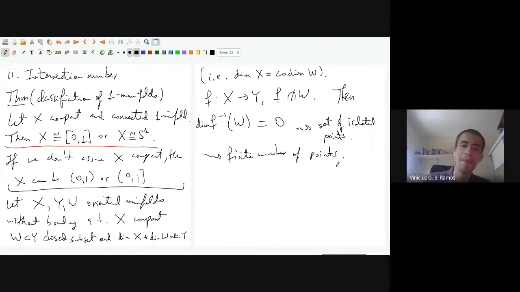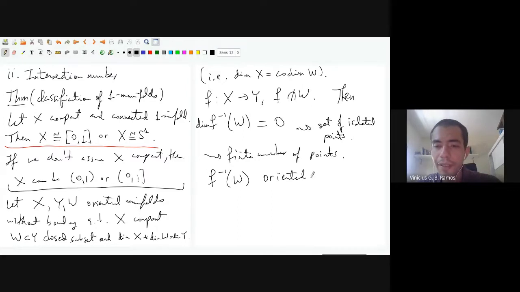Now remember that this submanifold comes with an orientation. Even if it's a bunch of points, I didn't give an example of that, but I'll give you an example in a little bit. It will come with orientation, so this submanifold is oriented. That means this is a finite number of points with signs.